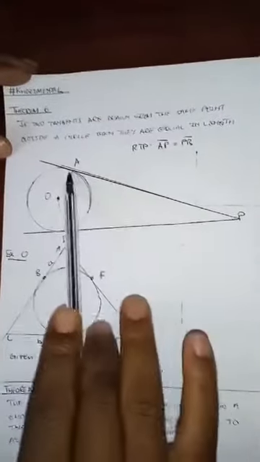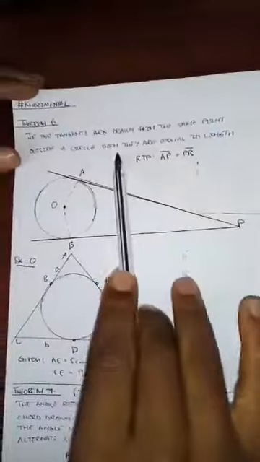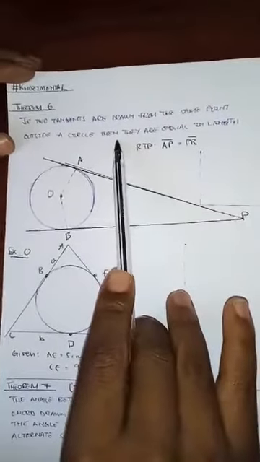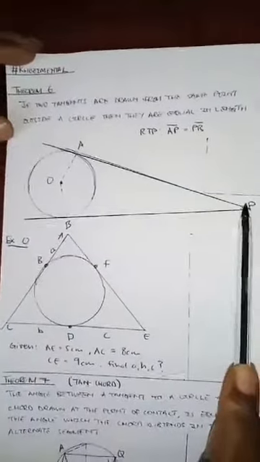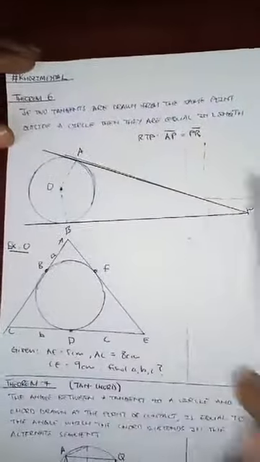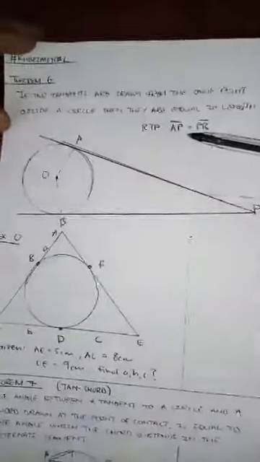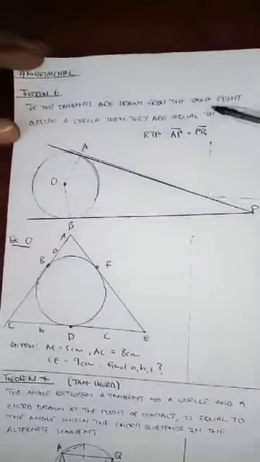You'd be required to prove that the line segment, the tangent AP, is equal to PB, because that is the main claim of the theorem. The main claim is that the lengths of these two tangents, which are drawn from the same point, are equal. If we were to prove this claim, then we would have proved the theorem.